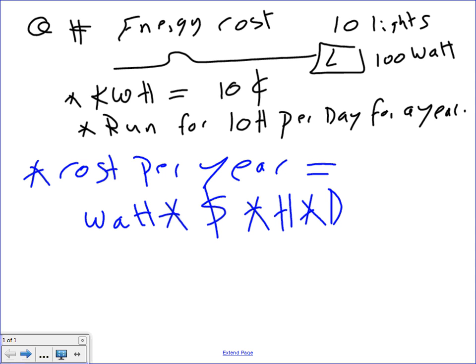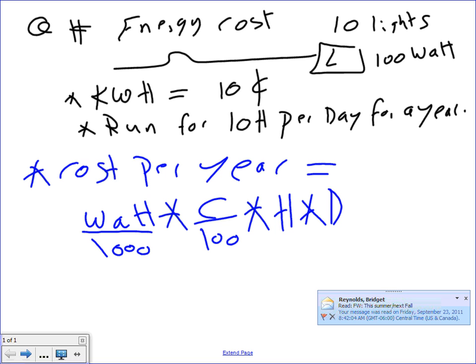So we have watts times dollars. I divide the watts by 1,000, and the price is usually in cents, so I divide the cents by 100. Everybody knows why?